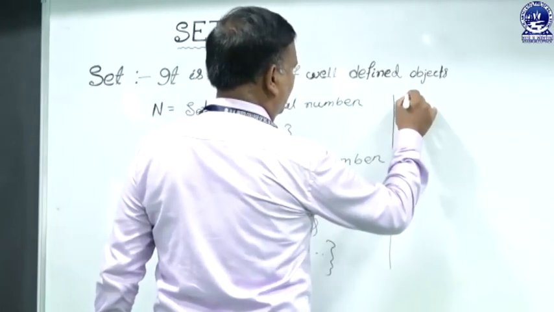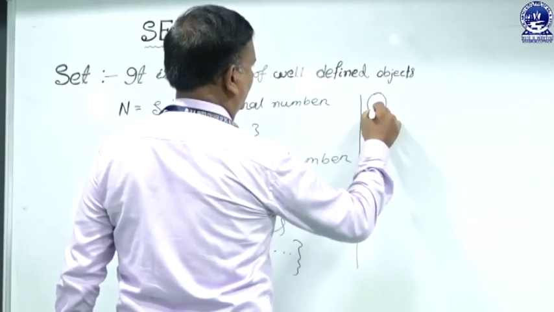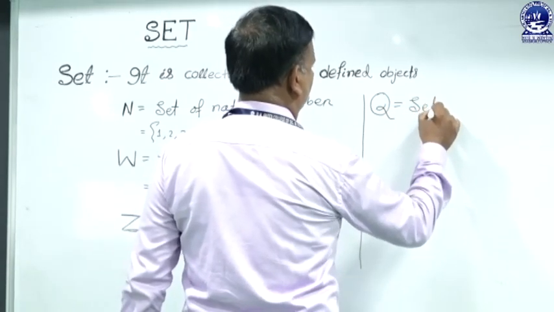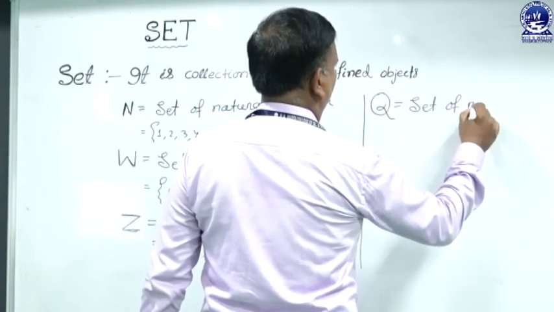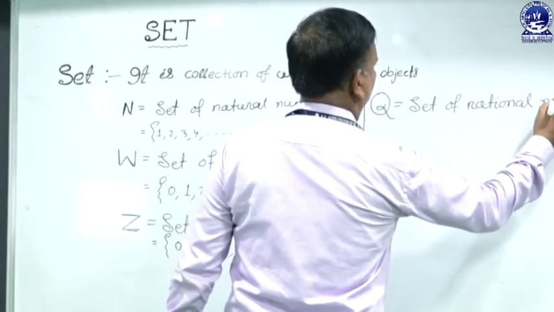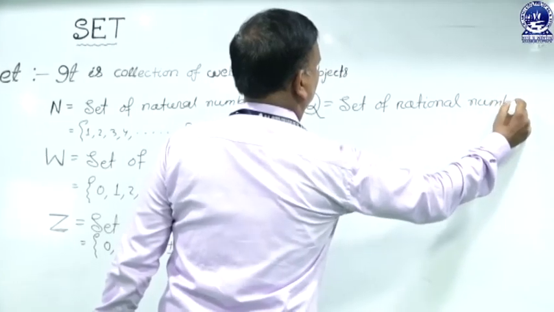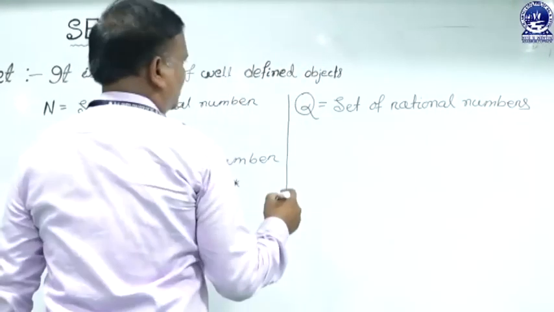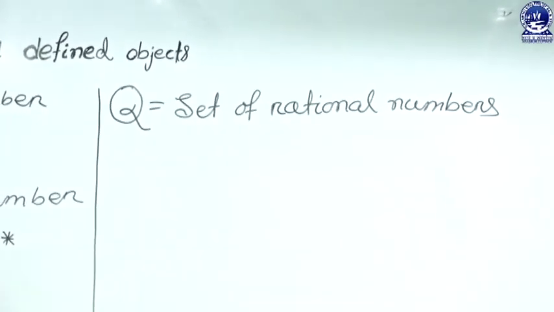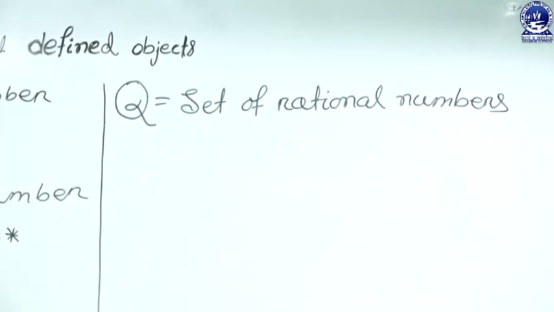Next we discuss the set of rational numbers, Q. We cannot list the set of rational numbers.